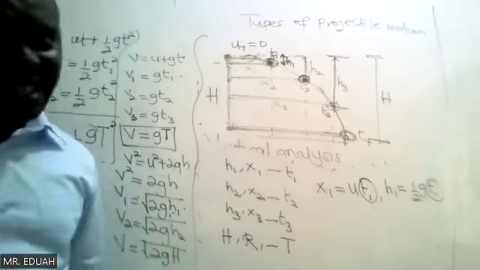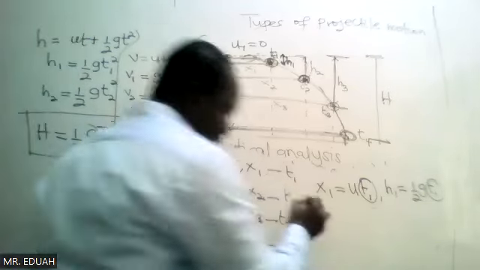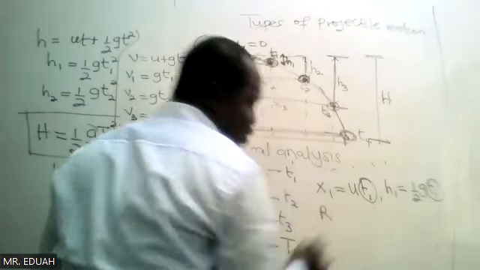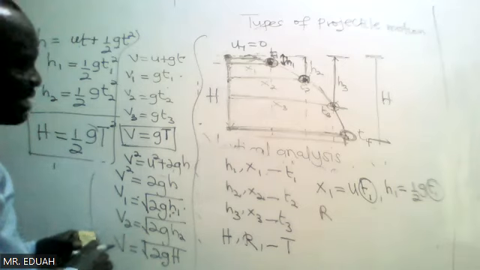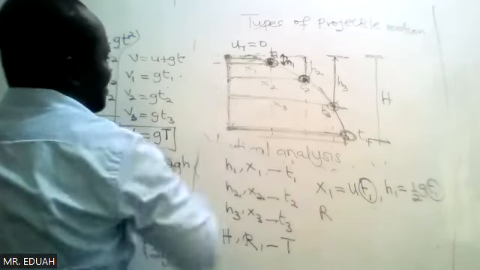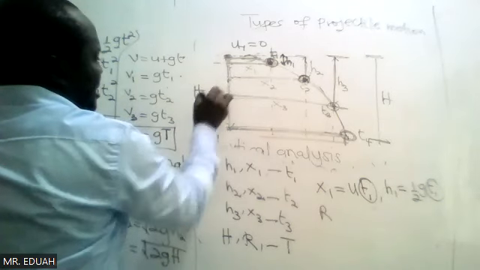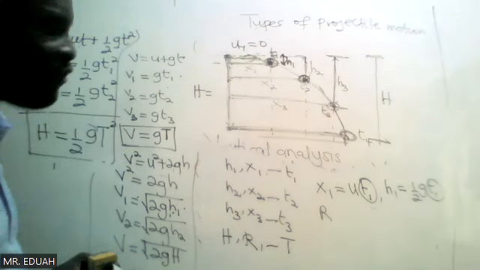I was saying that we cannot find the range because we didn't know the time of flight. But the question gave us h, this h, isn't it?